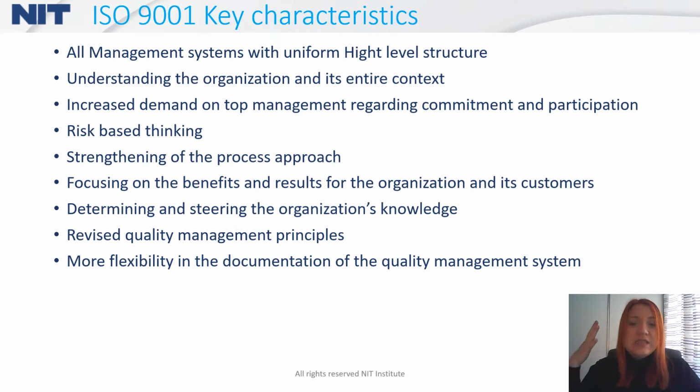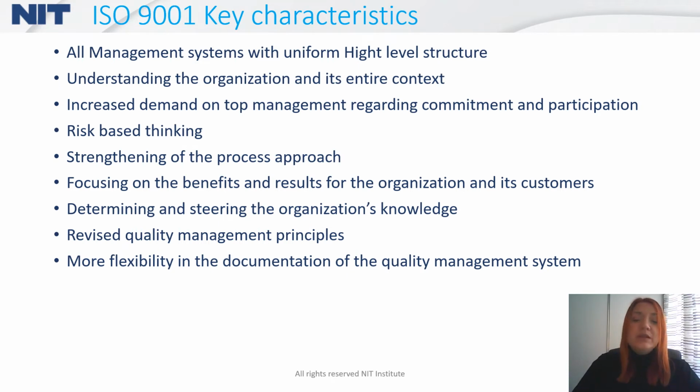You will easily understand the organization and its entire context. You will increase demand on top management regarding their commitment and participation. You can trigger risk-based thinking, which is very important for running projects. And in the same way, strengthening of the process approach.